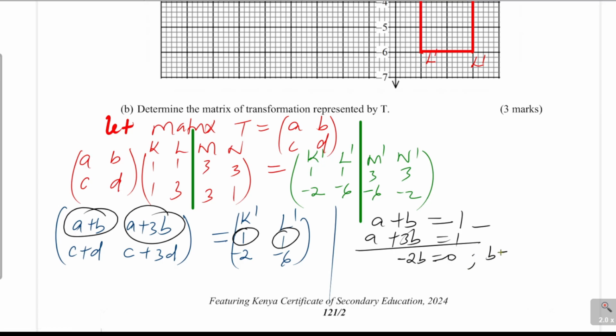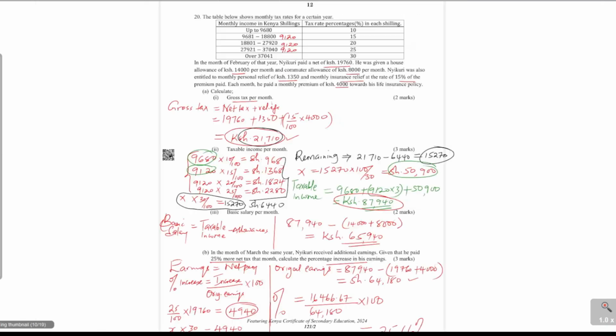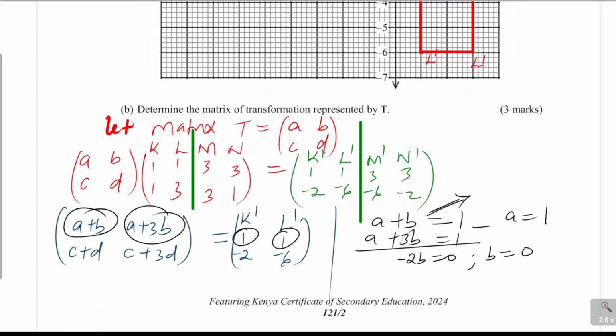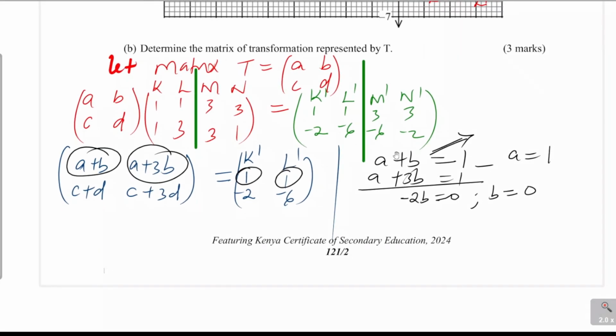So you get B to be 0. And if B is equal to 0, substituting into A plus B is equal to 1, you get A to be 1. So that is given as A and B.